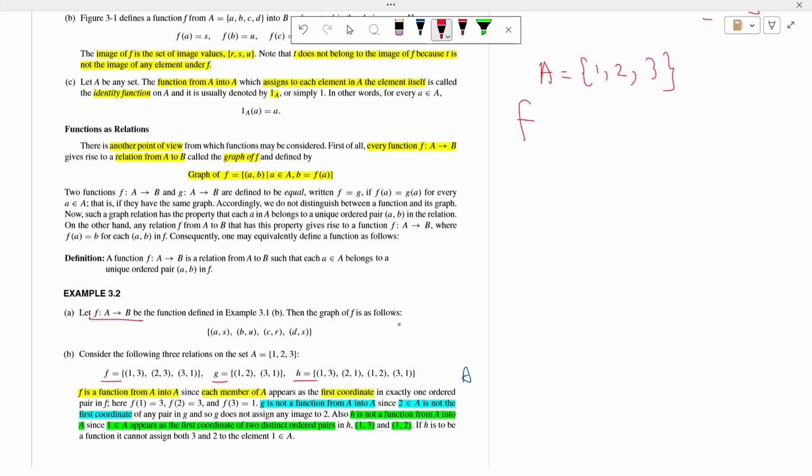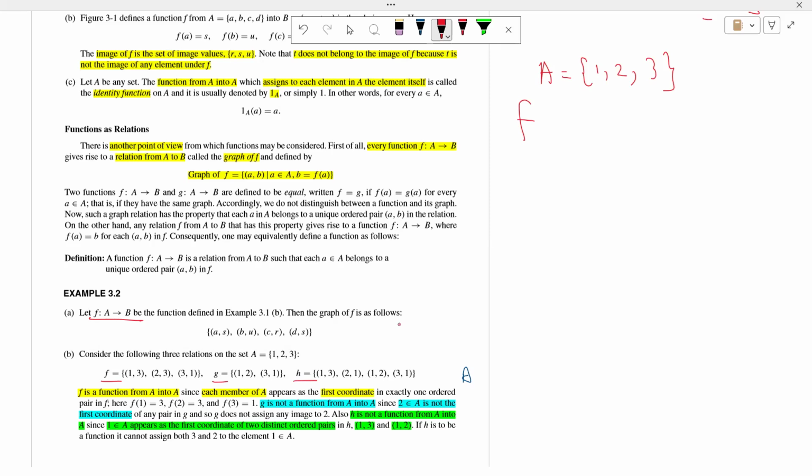Then they are telling these functions are identity functions, right?